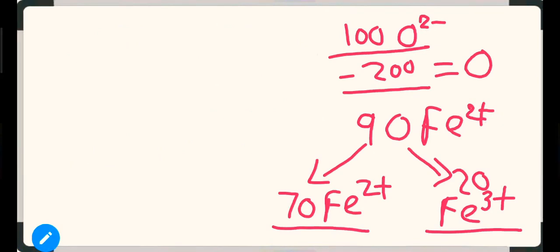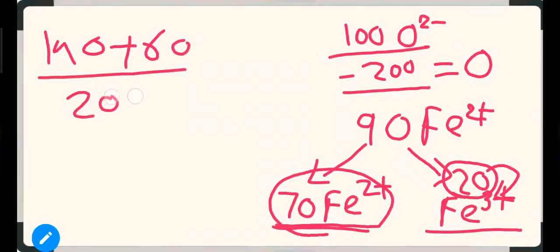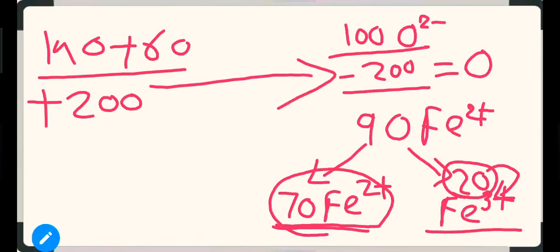Now let us calculate the total charge. 70 Fe2+ means 70 multiplied by 2, which gives 140, and 20 Fe3+ means 20 multiplied by 3, which gives plus 60. So the total charge is plus 200, balancing minus 200.